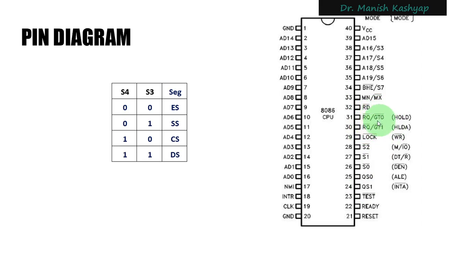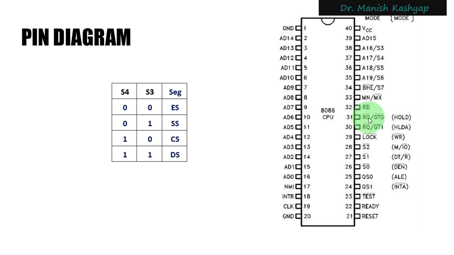Now, what are these pins? RQ means request and GT means grant. This pin actually means request/grant, bus access control, right? These pins are used by other local bus masters to force the processor to release the local bus at the end of the processor's current bus cycle. It is similar to hold and hold acknowledge, right?